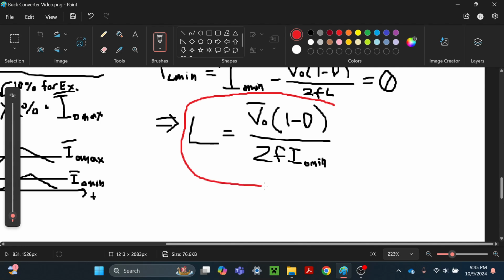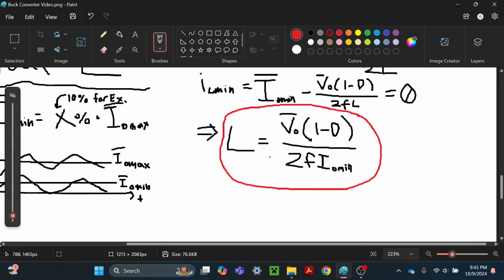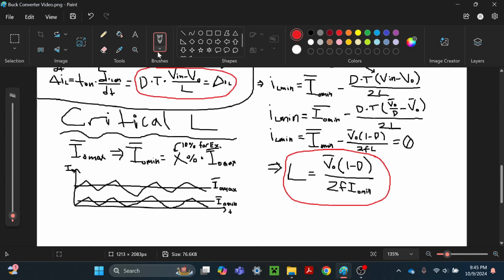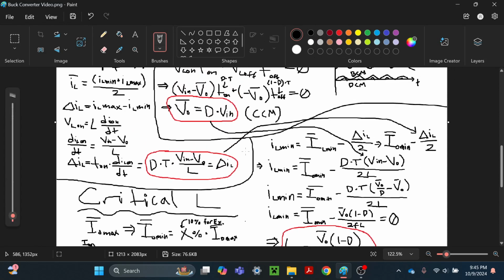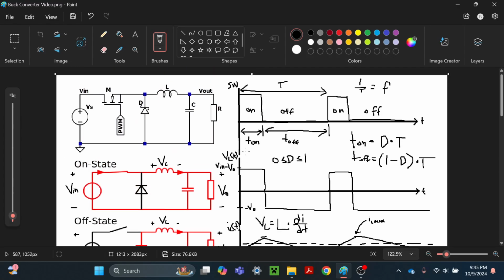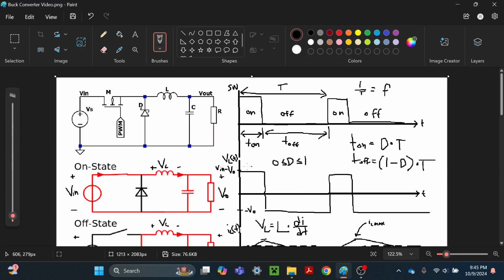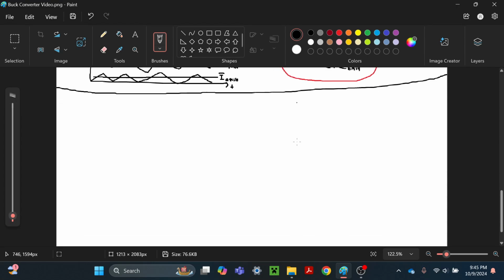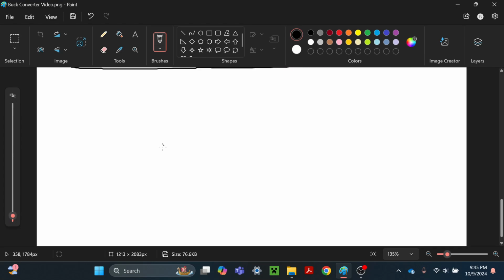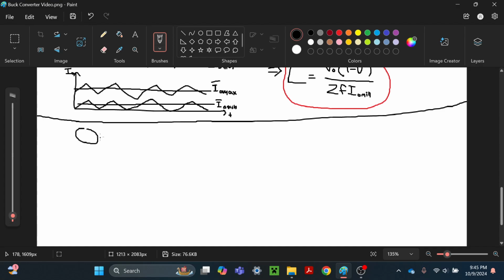This is important. That's going to be this inductor. So the next thing we're going to talk about is going to be the output capacitor.